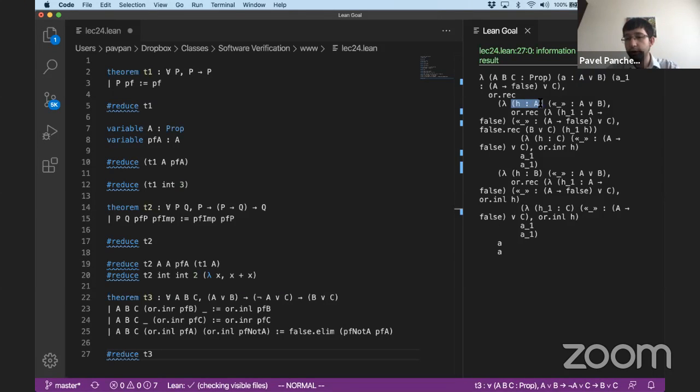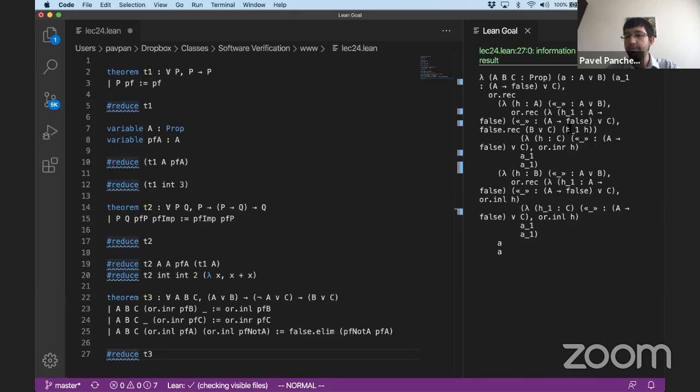Well, here's one case. Here the hypothesis is A, and I've still got all these other arguments. So now I need to prove that if A, I should be able to prove whatever my goal is, B or C. So we then do a case split on the second term.